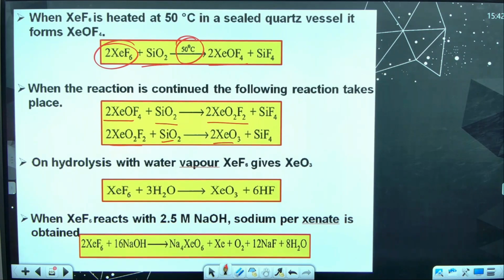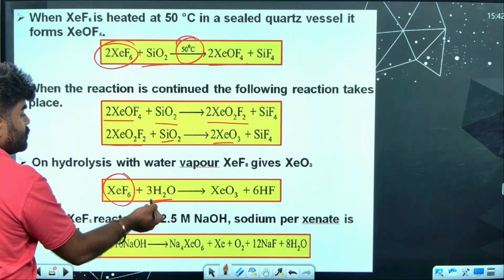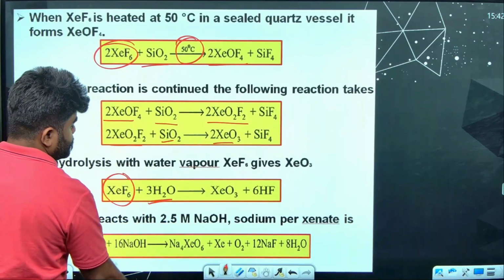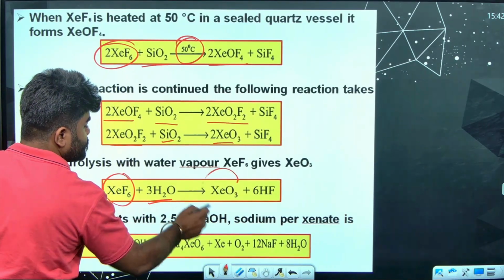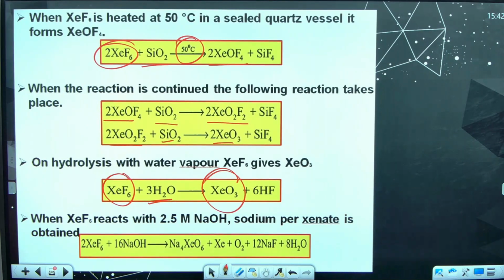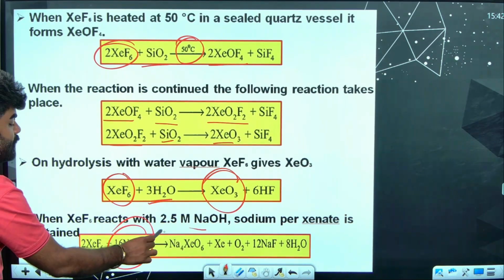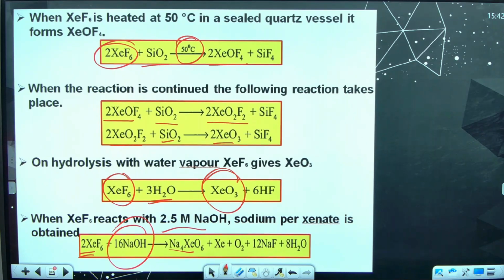And XeF6 upon hydrolysis with water vapor forms XeO3. And XeF6 upon treatment with 2.5 molar NaOH forms Na4XeO6, which is called sodium perxenate.